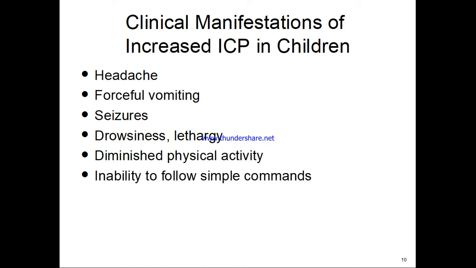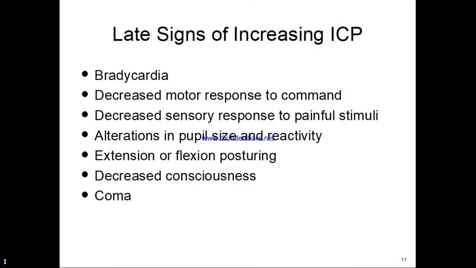Clinical manifestations of increased intracranial pressure in school-aged children include headache, very forceful projectile vomiting, seizures, drowsiness, lethargy, decreased physical activity, and inability to follow simple commands. These are all danger signs.